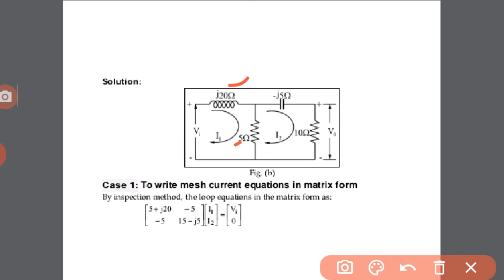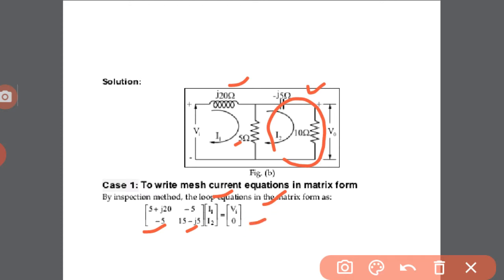The mutual impedance between loop 2 and loop 1 is also minus 5 ohms. The self impedance for loop 2 is 10 plus 5, that is 15 minus j5. The currents flowing through loop 1 and loop 2 are I1 and I2, and the right side is Vi, the input voltage, and 0.